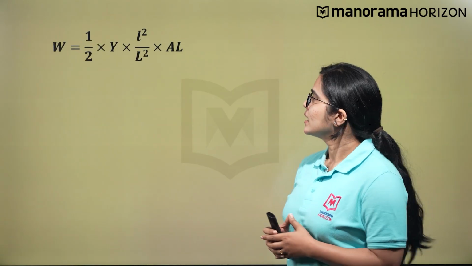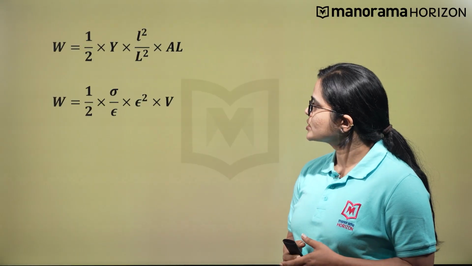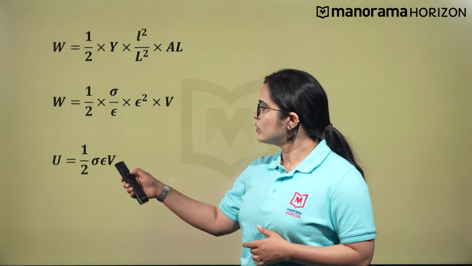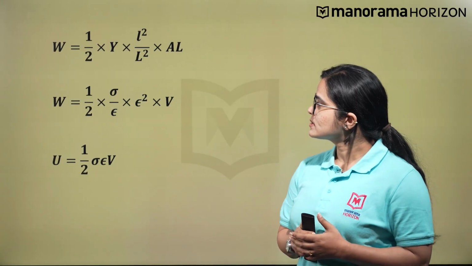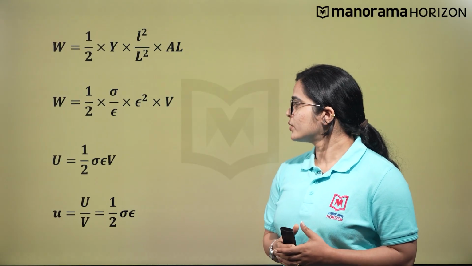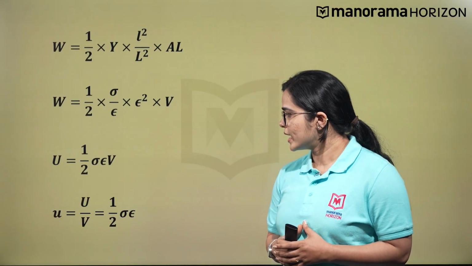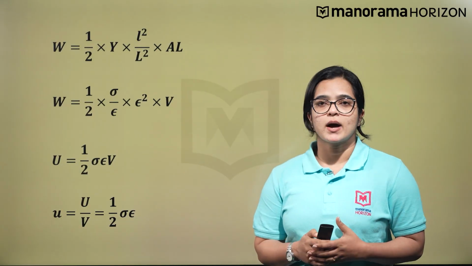Multiplying and dividing the equation for work with L and then resubstituting, we'll get that the work is equal to half sigma by epsilon into epsilon square times V. Or we can say that U is equal to half times sigma epsilon V, or small u is equal to half times sigma epsilon.